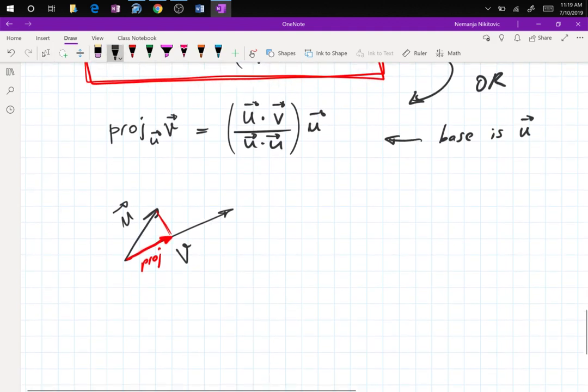So let's take a look at an example. They want you to compute a projection. Let's go with a homework example.